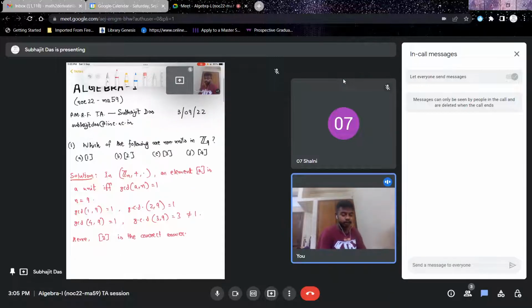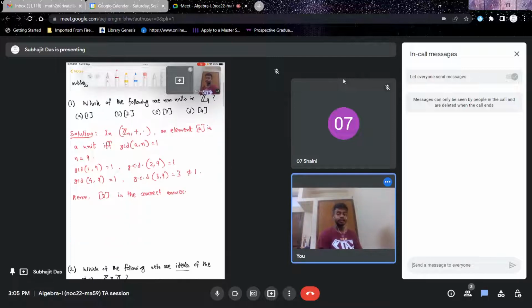So I was just talking about the first problem. I hope it's very simple and you are completely okay with this. You just need to find the non-units in the ring Z9. An element in the ring Zn is a unit precisely when the GCD of a representative of that element with n is 1. So a class A is a unit in Zn if and only if the GCD of A comma n is 1.